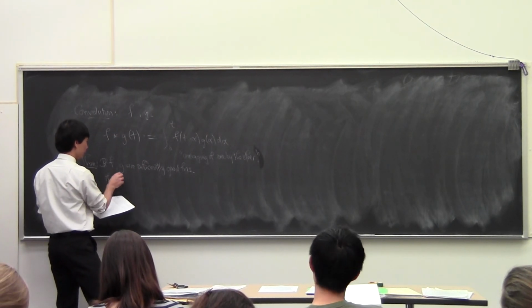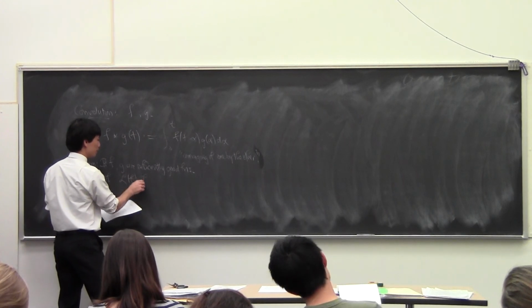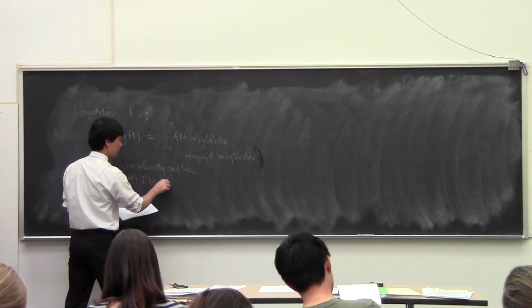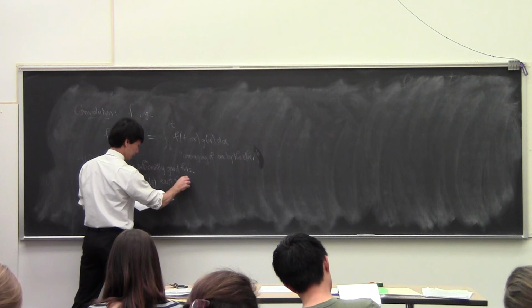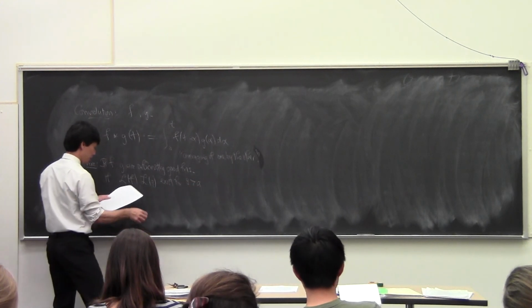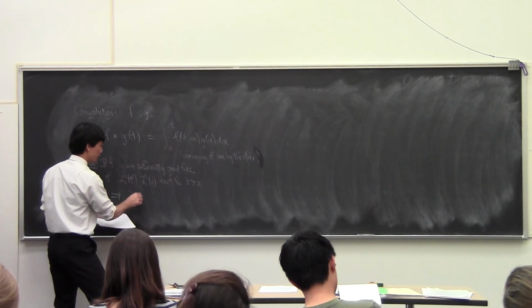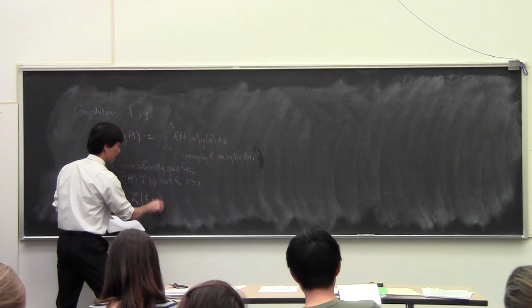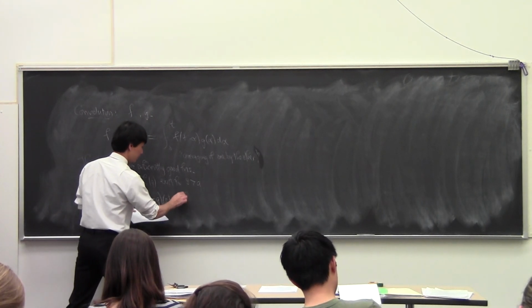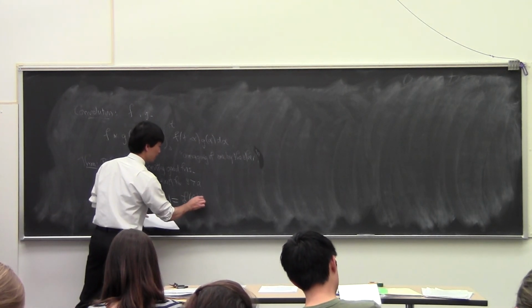If further the Laplace transforms of f and g exist for s bigger than a, then the Laplace transform of the convolution turns into the product of the Laplace transforms.